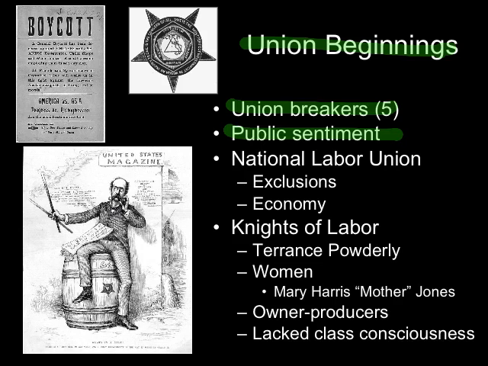Immigrants, Eastern European immigrants, and their crazy socialist ways are bringing these ideas of unions. It's anti-American. No good American belongs to a union. And people just knew that when unions went on strike, stuff didn't get built. And people wanted their stuff. They wanted to go buy their goods. And if they couldn't because you're on strike, the problem's with you, not the company.